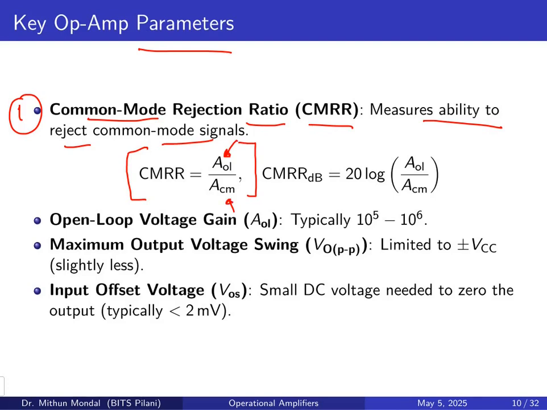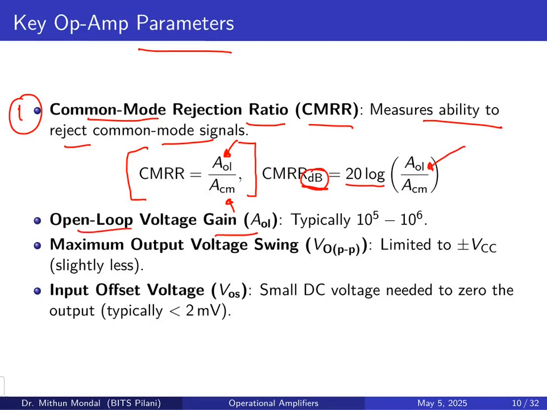So the ratio of the gain AOL, which is the gain under open loop, by the gain under common mode. And since we represent this CMRR in dB, we multiply that with 20 log. So 20 log of the CMRR will give you CMRR in dB.